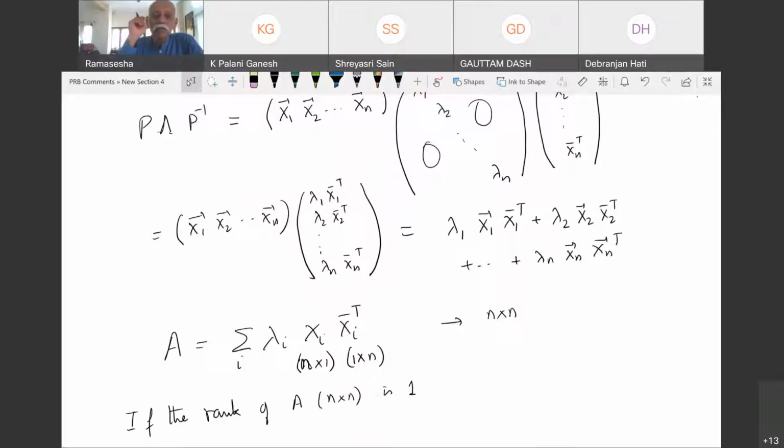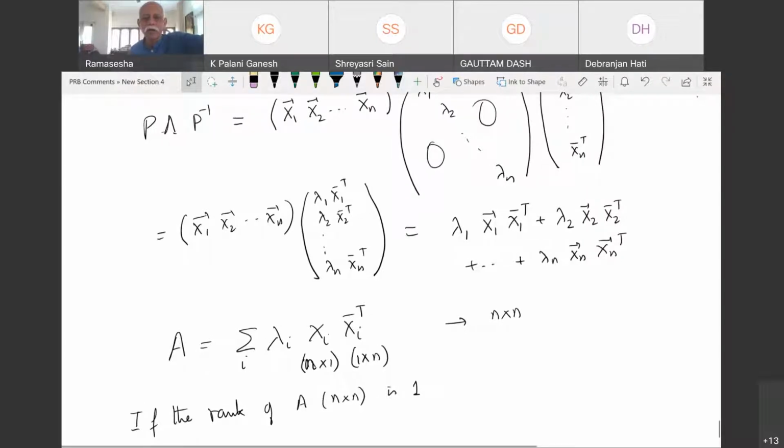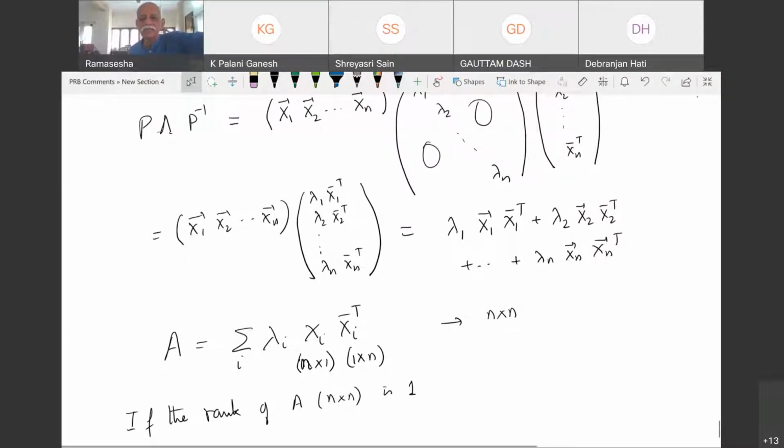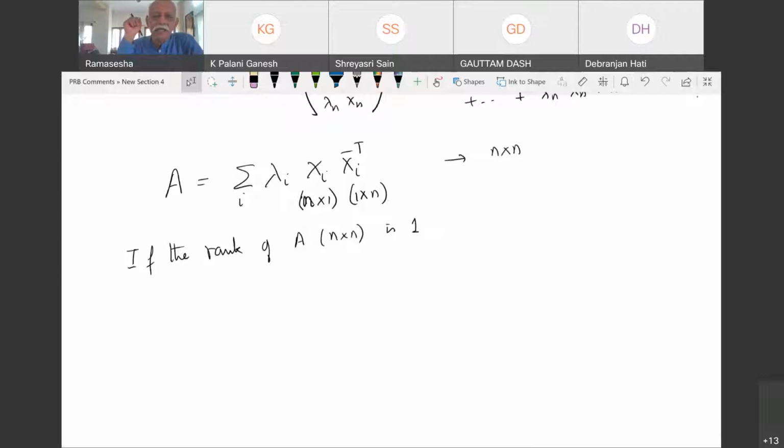So how many rows does a column vector have? It's n rows and 1 column. So that's why it is n by 1. And the transpose of that is 1 by n. Now, if the rank of A is 1, what can you tell about the eigenvalues?